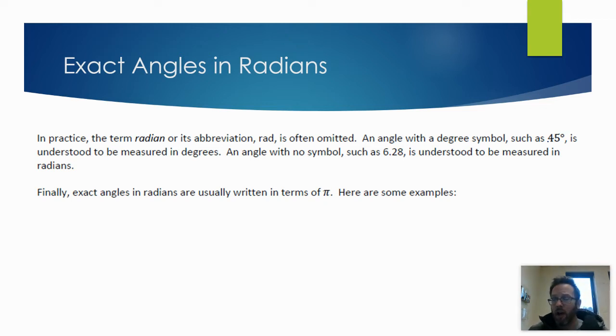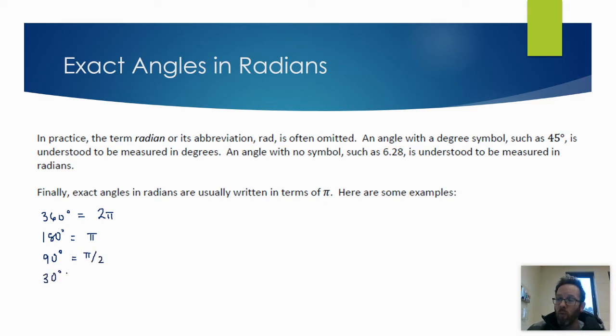And finally, a lot of times we state exact angles in radians, and we write them in terms of pi. So here are some examples. 360 degrees, we already understand that's equal to 2 pi radians, and we just write 2 pi. With no units, we understand that to be in radians. 180 degrees in radians, pi radians. 90 degrees in radians, pi over 2. 30 degrees in radians.